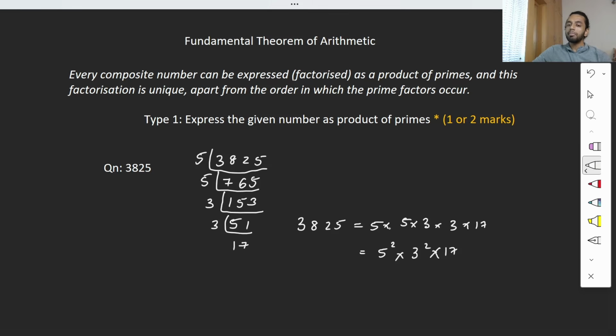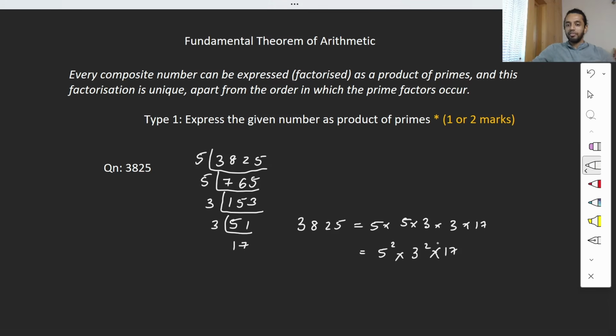So we should be able to write it in exponent form, that is 5 square, 3 square, and so on. This is very important for the next concept. What FTA, the fundamental theorem of arithmetic, says is that this number 3825, we are able to represent it as a product of 2 5s, 2 3s, and 1 17, and the order may differ. For example, if someone else does the same question, they may start with the 3 times table or the 17 times table.